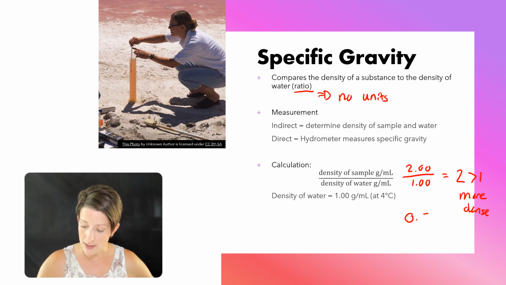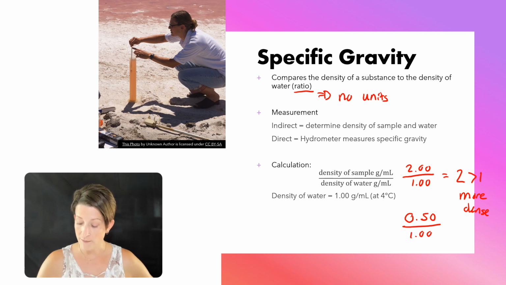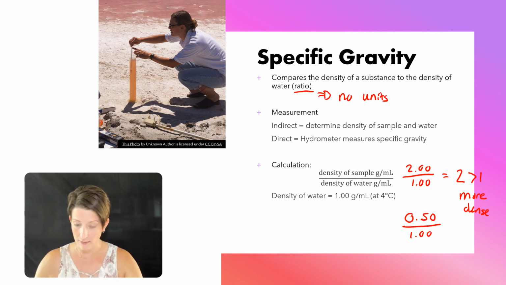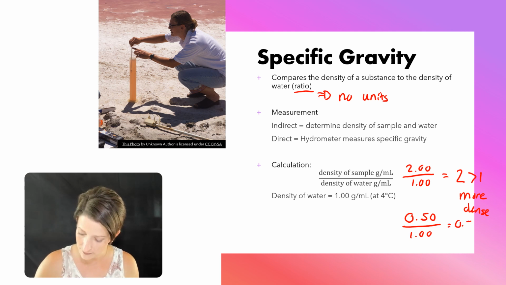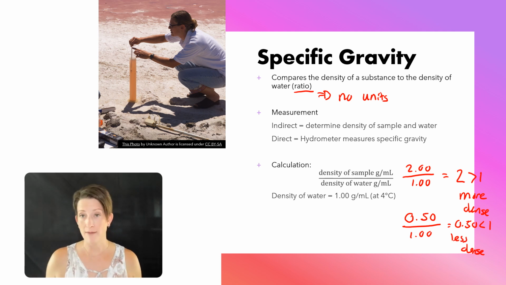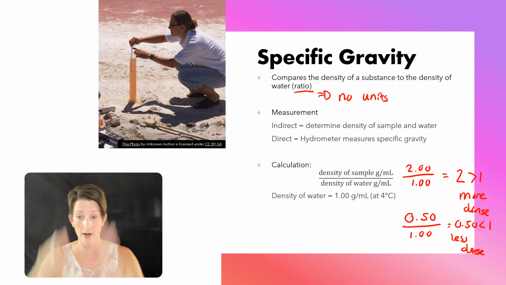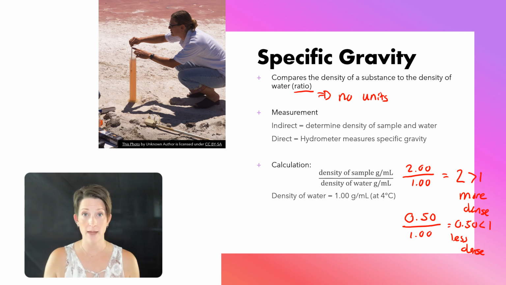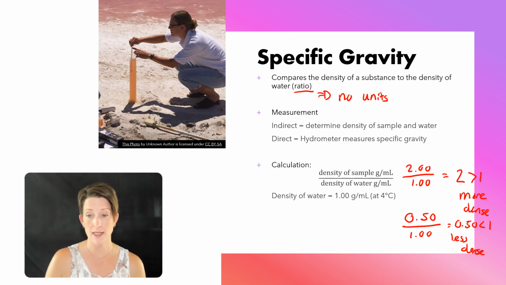If the density of the sample is 0.50, I can do my math. We're going to get 0.50, which is less than 1, so it's going to be less dense. So when we have the specific gravity, we can do a quick analysis. More dense than water, less dense than water, and we can go from there. That can give us a lot of information about the physical properties of this substance.